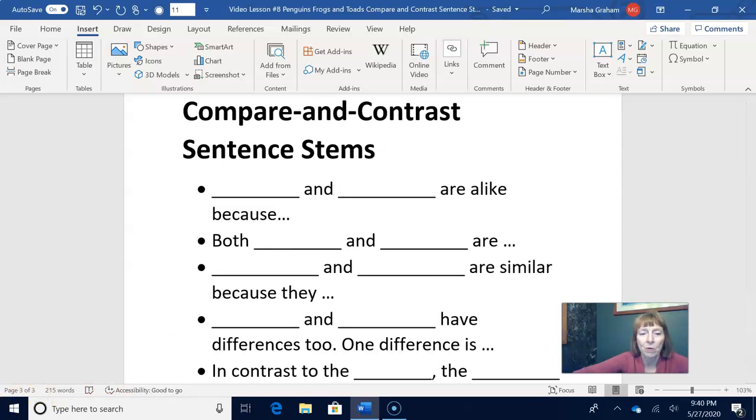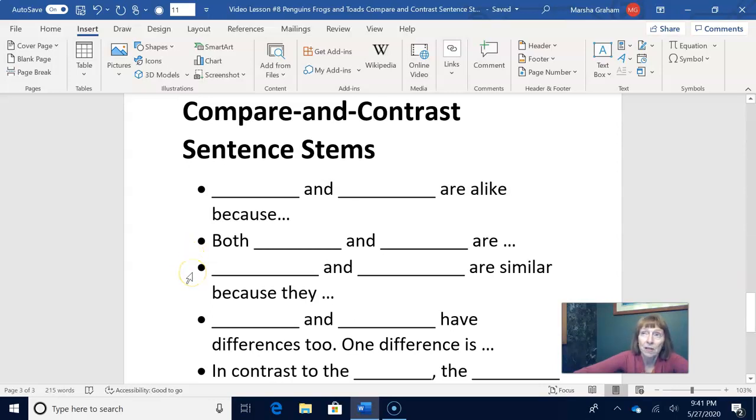So readers, now we're going to use our compare and contrast sentence stems and fill them in with some facts. So our first one is, penguins and frogs and toads are alike because they both swim in water. For our second statement, we could say, both penguins and frogs and toads live in water and land.